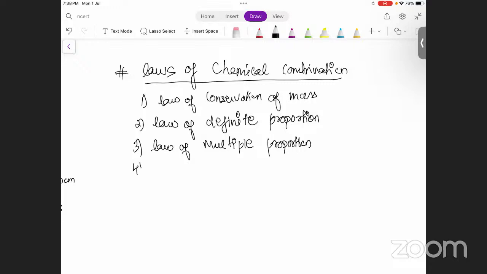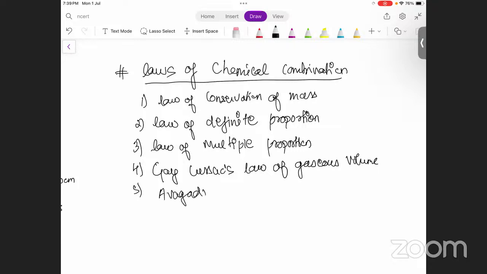Then we will see Gay-Lussac's law of gaseous volumes. And finally, we will move on to the Avogadro law. So these are the 5 laws that we will have to learn so as to understand the rest of the things in chemistry in this chapter and in other units also.